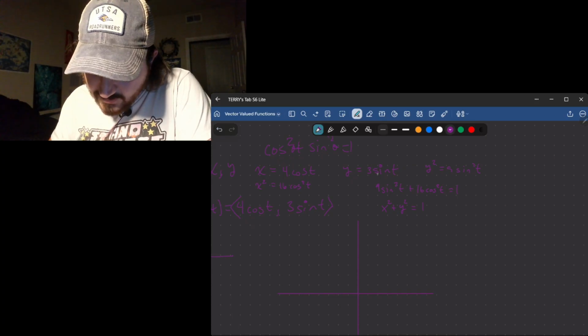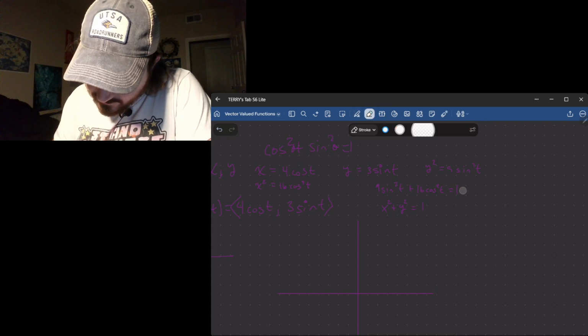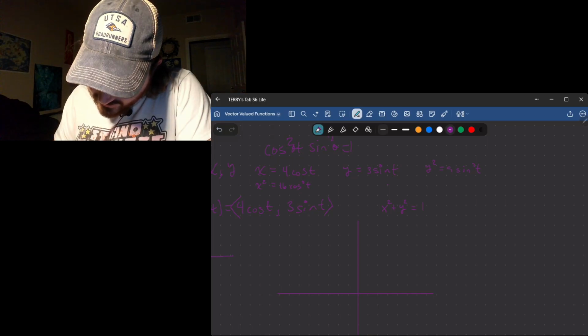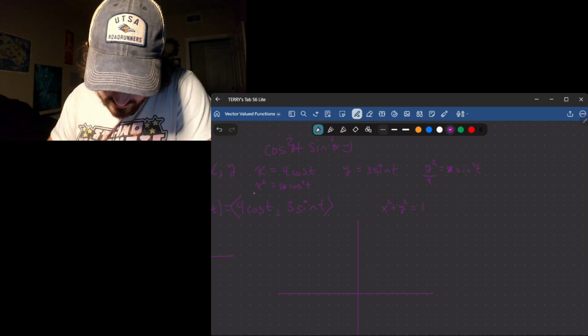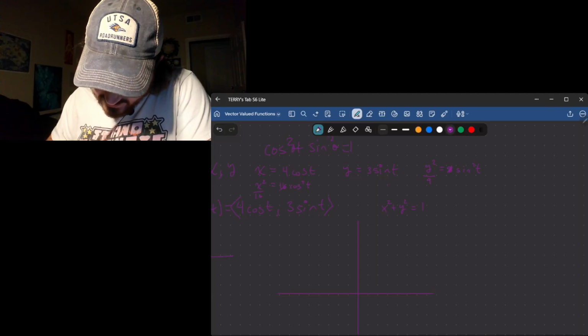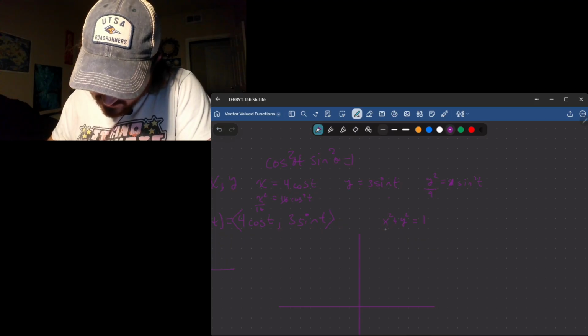So all we have to do is move this constant over and we'll be able to make this work, right? So we'll just divide this one by 9 and we'll divide this one by 16. And now we should have a form where when I say sine squared and cosine squared and I plug those in, I now get x squared over 16 and y squared over 9.